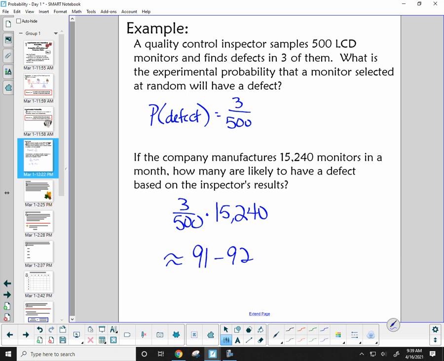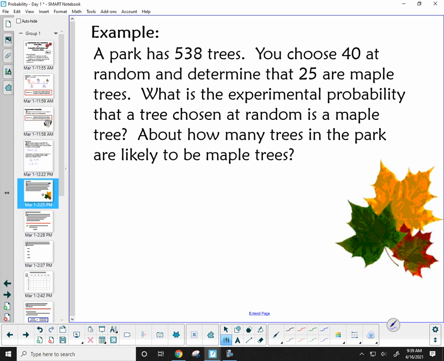All right. Next question. The park has 538 trees. You choose 40 at random and determine that 25 are maple trees. So what's the experimental probability that a tree chosen at random is maple? We'll start there. 25 out of 40 is our experimental probability. Good. Now, how many trees in the park are likely to be maple trees?